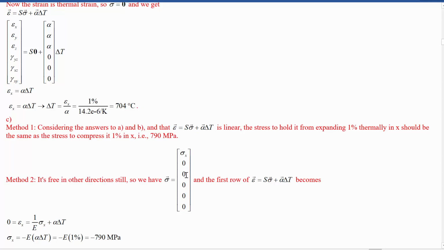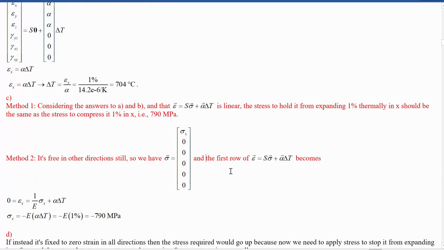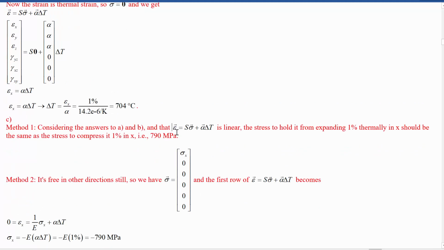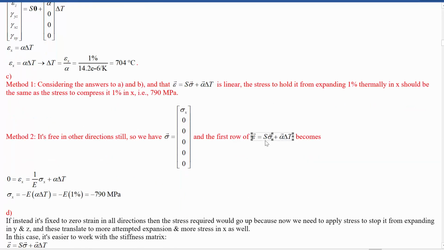If we suppose, rather than just saying the superposition stuff should work and using the strain that we found earlier, we can start off by saying, all right, let's assume we don't know what the stress is, but we do know that it's free in the other direction, so we'll still use this and substitute in that we have 0 in the x strain.